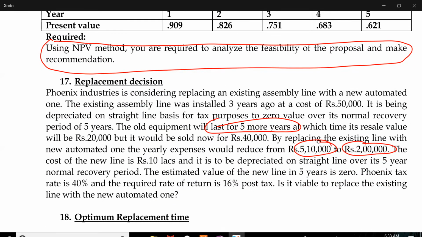Next, question number 17. Point number 1. Problem on replacement decision. Information on outflows is only available.